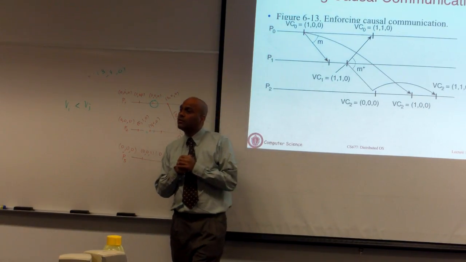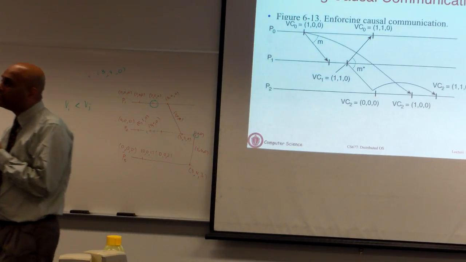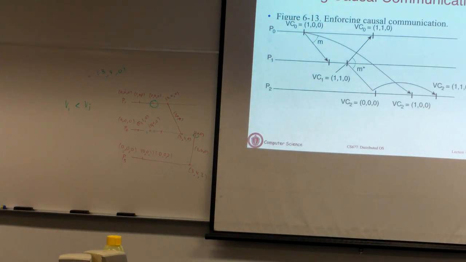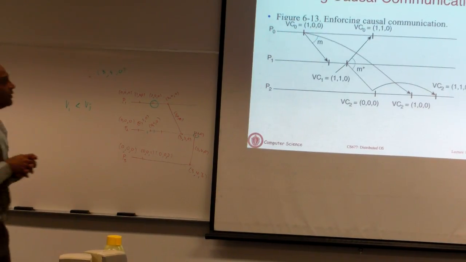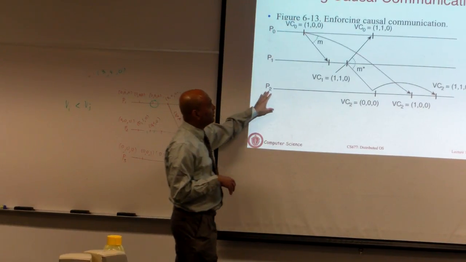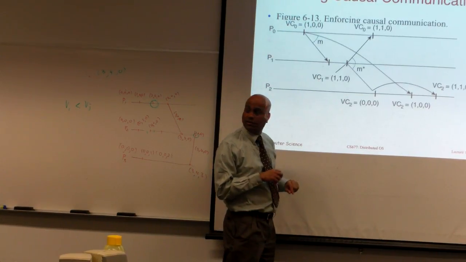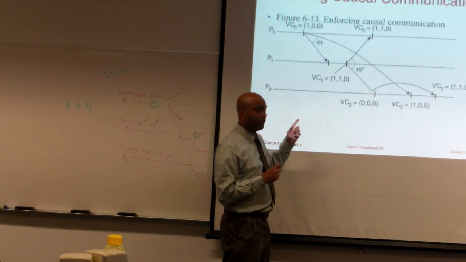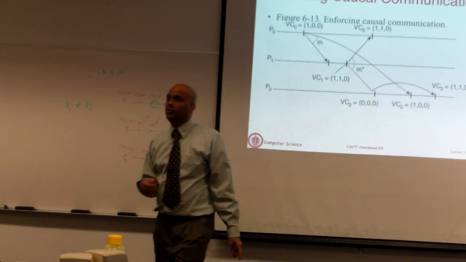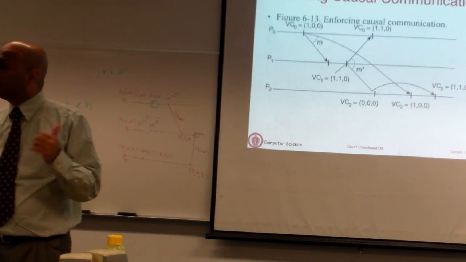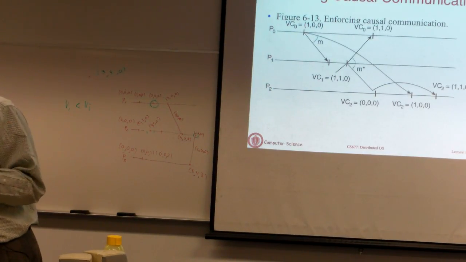Yes? Why does the local clock of process P2 not get increased? Okay. So the question is, in this picture, why is the local clock not increasing? This is a network library.